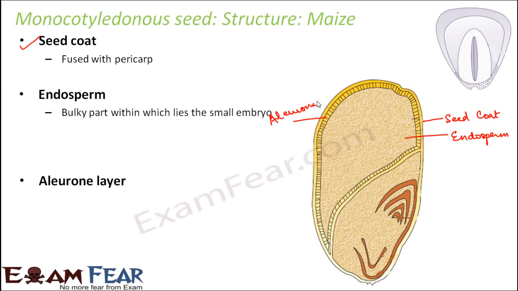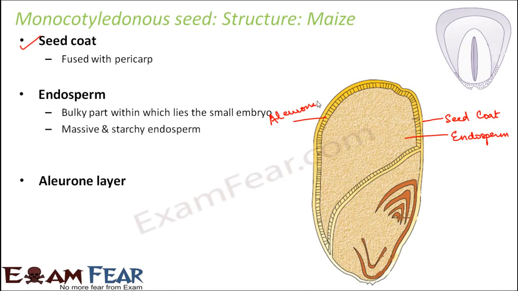Talking about endosperm, it is the bulky part within which lies the small embryo. Inside the seed, you have the seed coat outside, then inside you have the embryo, but everything else except that embryo is filled with endosperm. It is the bulkiest part, which is laden with food.